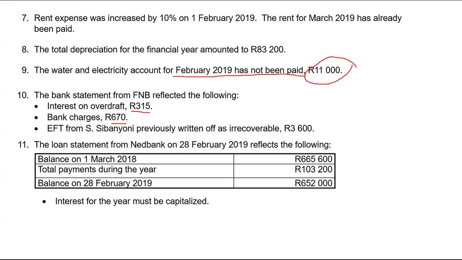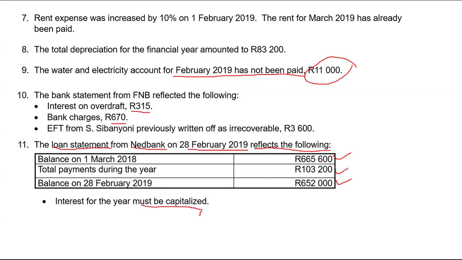Now, coming back to interest, I want to explain it thoroughly here. We received a loan statement from Nedbank on the 28th of February 2019, which reflected the following. They gave us the balance at the beginning of the year, they gave us repayments, and they gave us the balance at the end of the year. They also told us that interest for the year must be capitalized.